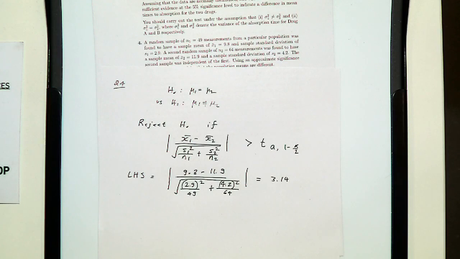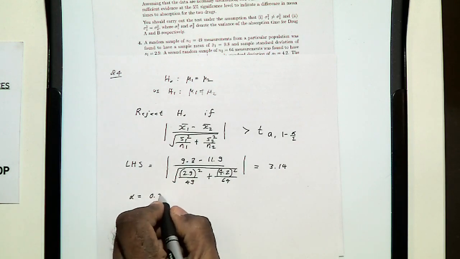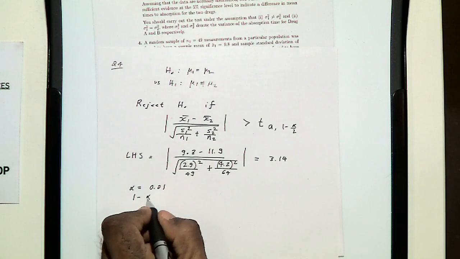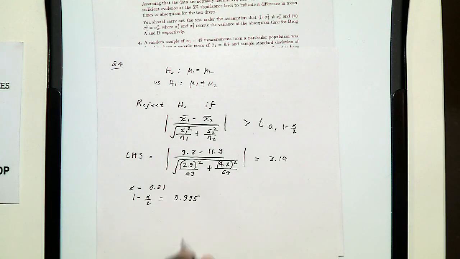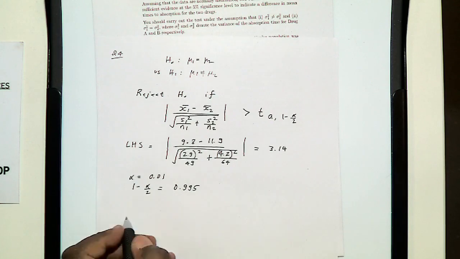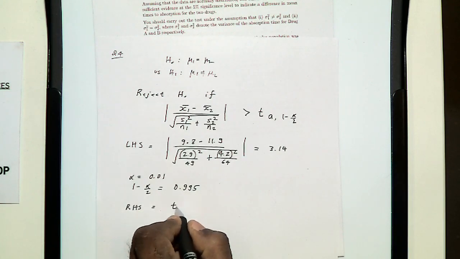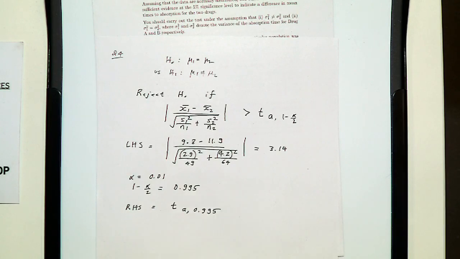Now the right hand side, we are using alpha as 1%, which means 1 minus alpha by 2 is going to be 0.995. So the right hand side is the percentile of a t distribution with A degrees of freedom.